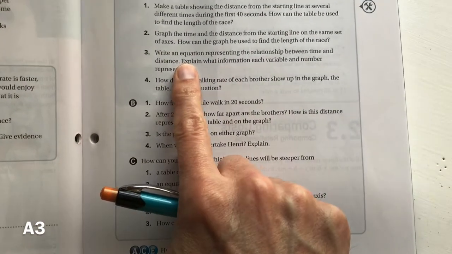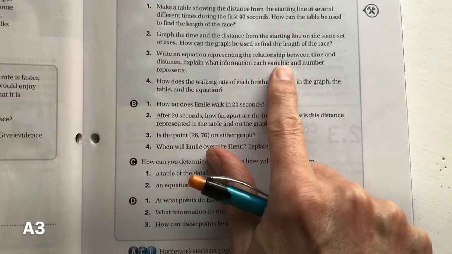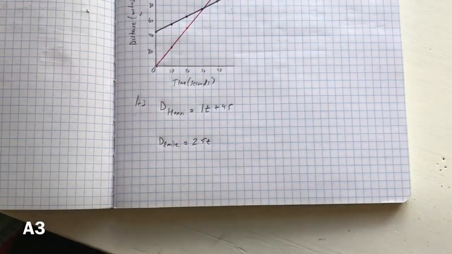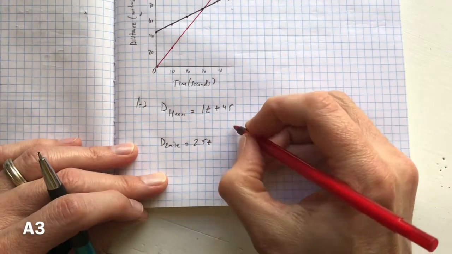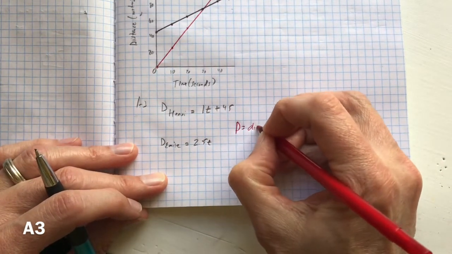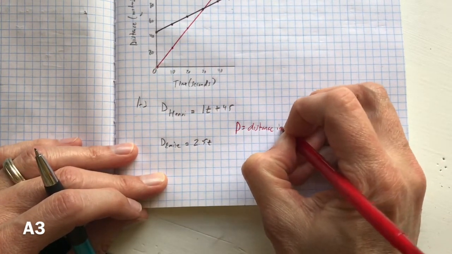So they're asking us, though, also to look at what information does each variable and number represent. So in both cases, the d equals the distance in meters.